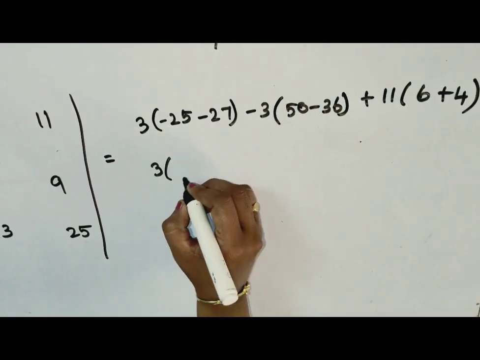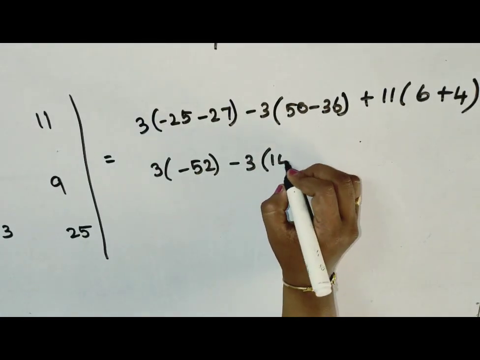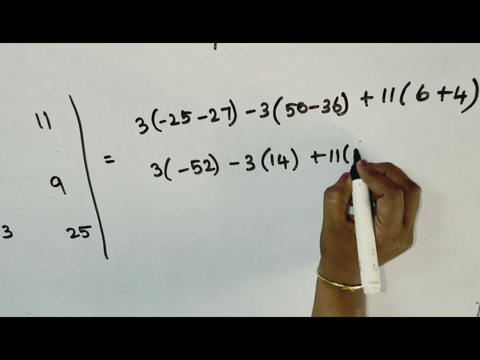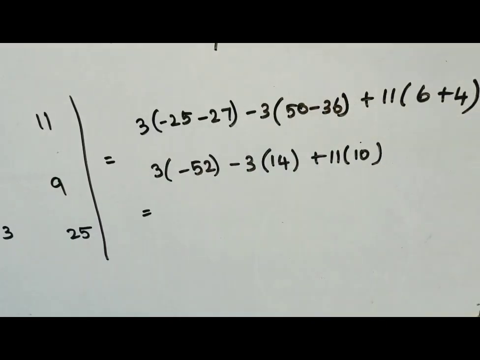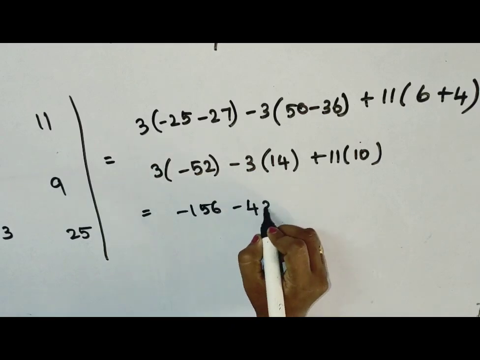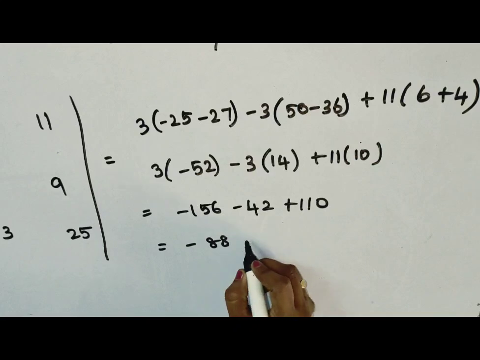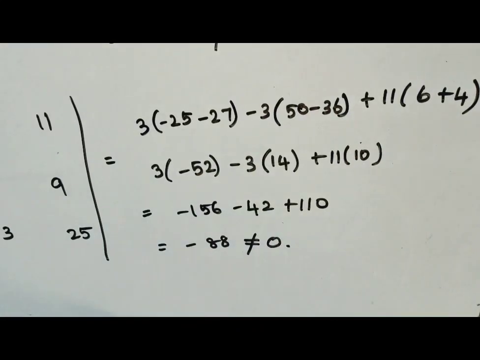Next is 3 into minus 52, minus 3 into 14, plus 11 into 10. Minus 156 minus 42 plus 110, which is equal to minus 88, not equals to 0.